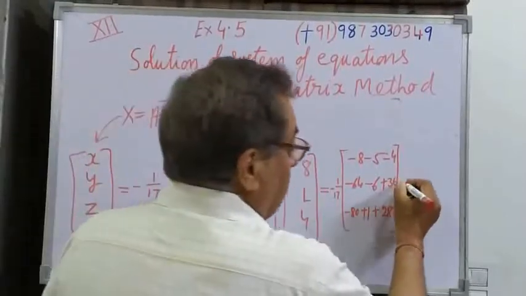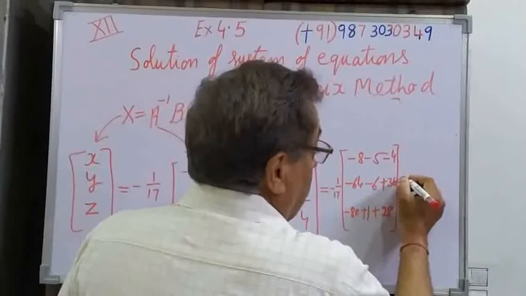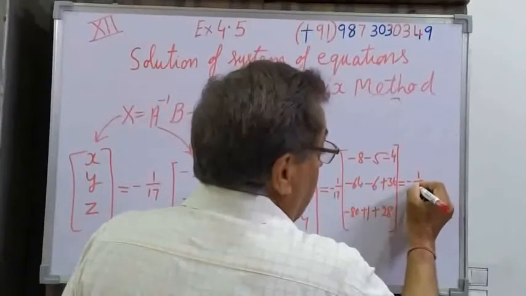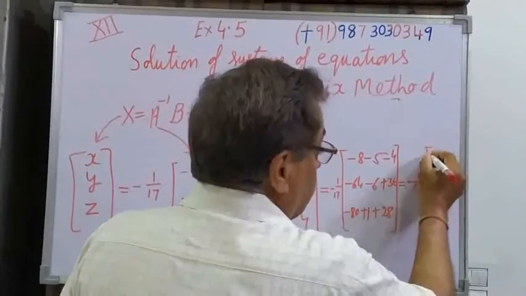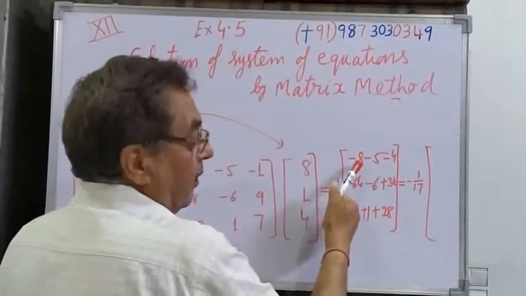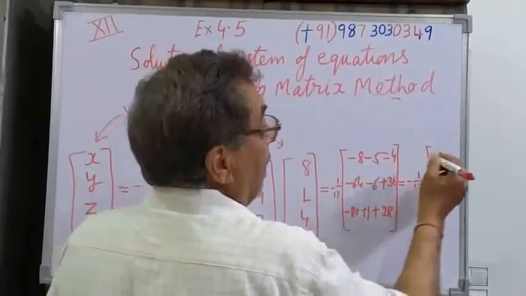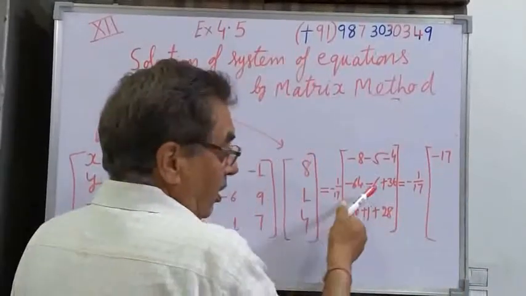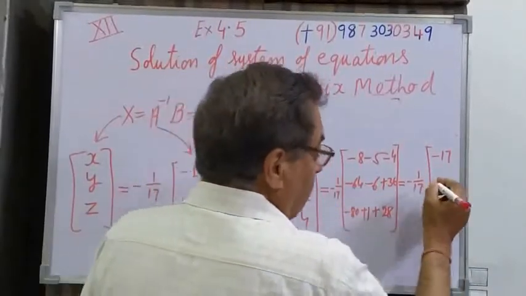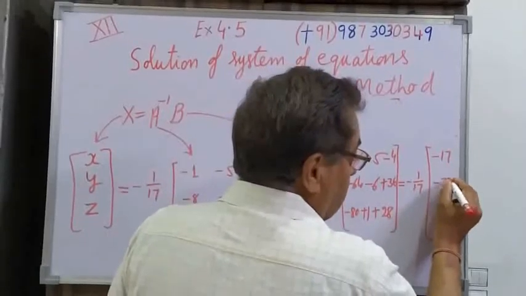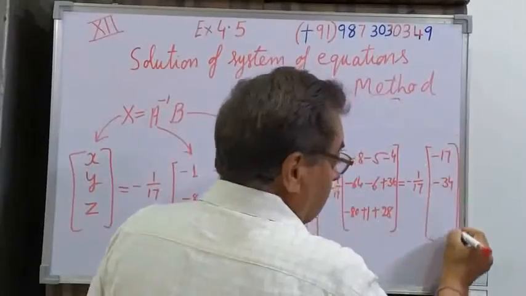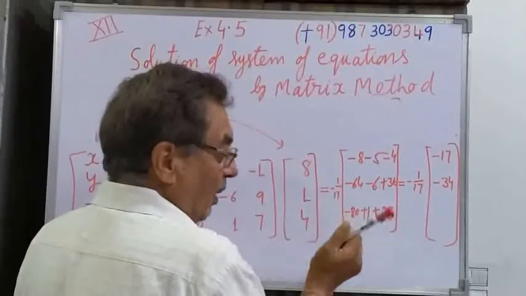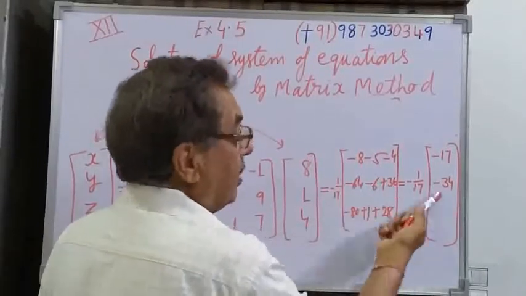Let us go further. Minus 1 by 17 is still there. Simplify it. It is minus 17. Here minus 70 and it is minus 34. Minus 64 minus 6 minus 70 plus 36 minus 34.